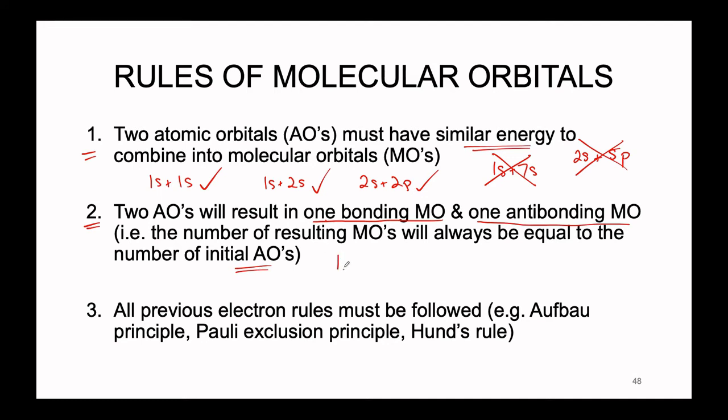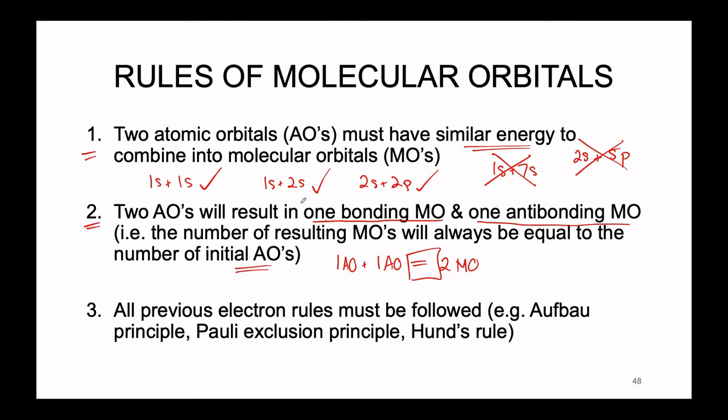So if we have one atomic orbital and another atomic orbital, we're going to have to get two molecular orbitals on the other side. This is always going to be the case. Or if we combine three atomic orbitals, we're going to have to get three molecular orbitals on the other side. What this represents is a conservation of mass. We are going to need the same number of electrons out as what we put in.